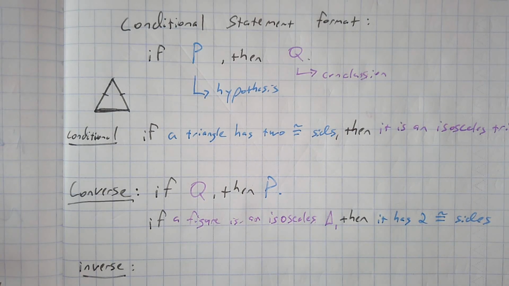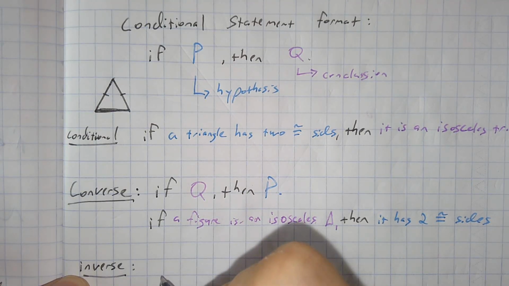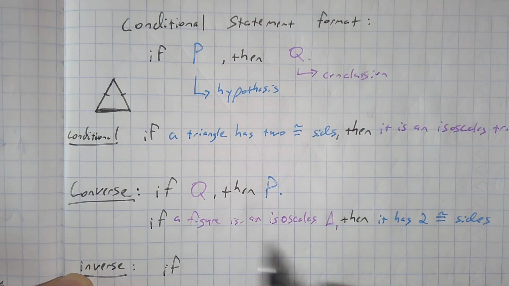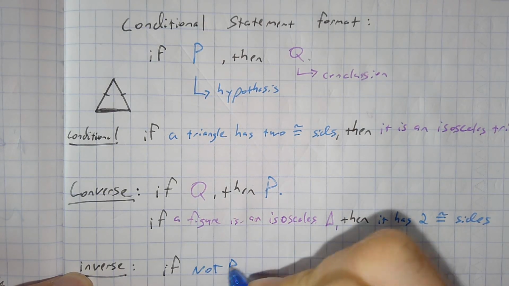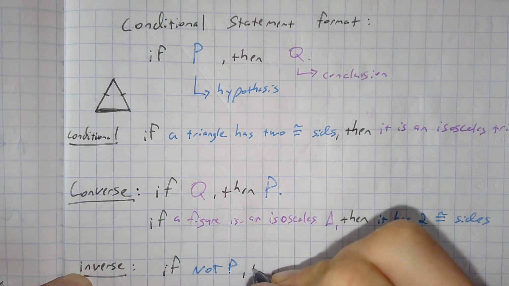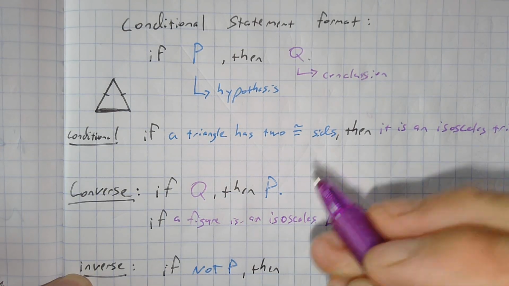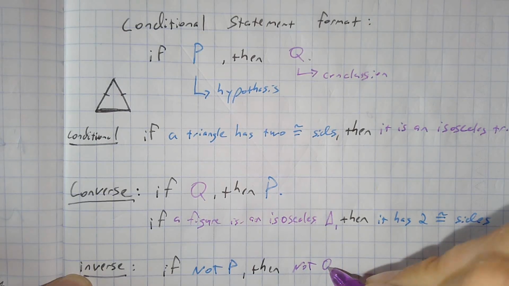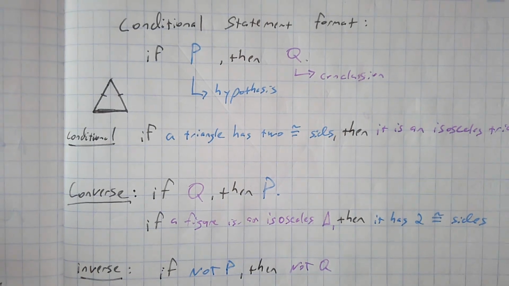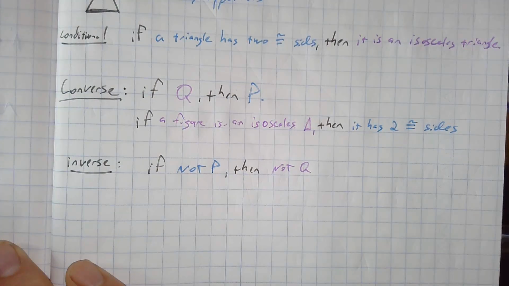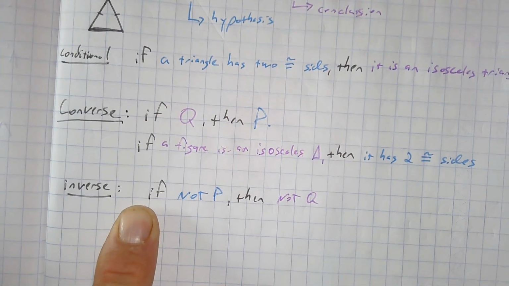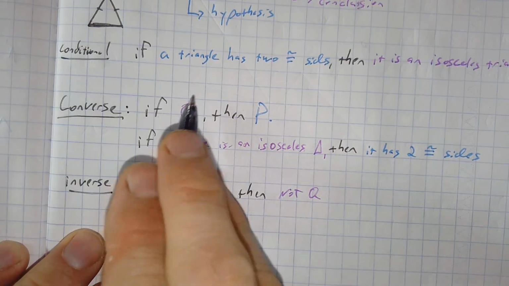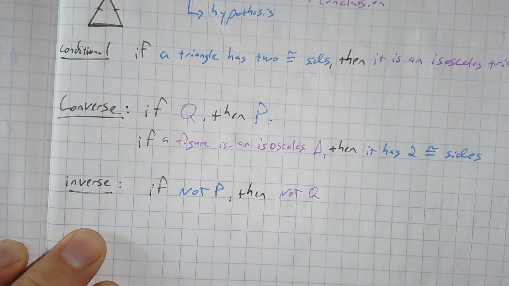So it's if not P, then not Q. Okay, and so, again, this is as compared to my original conditional statement. Now here I'm going to just add a not. I'm going to make this a negative here.